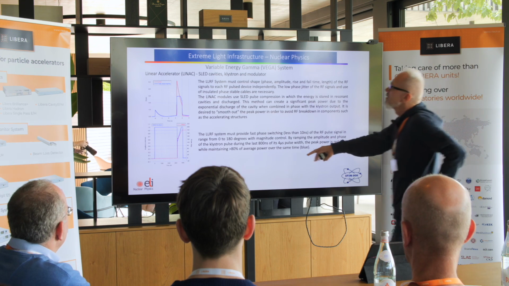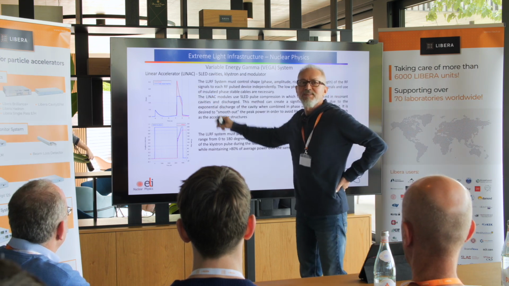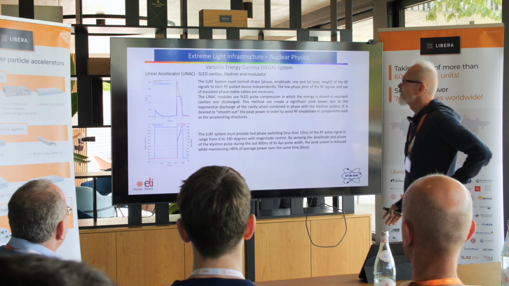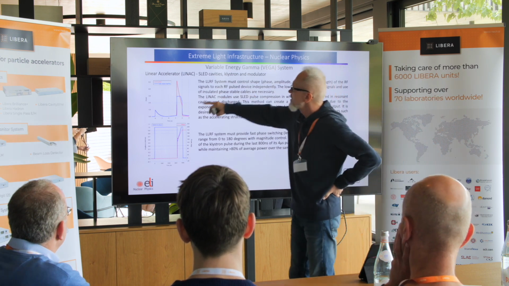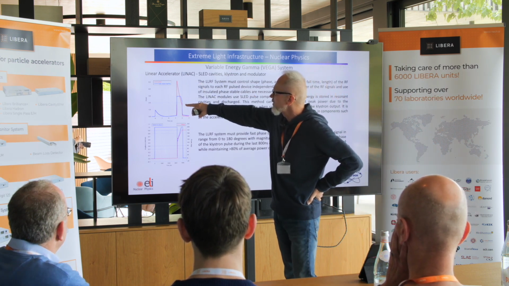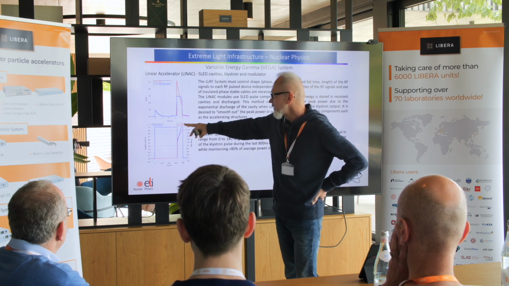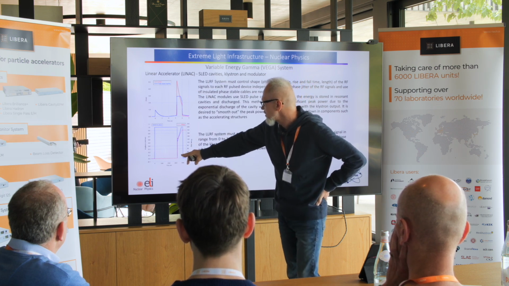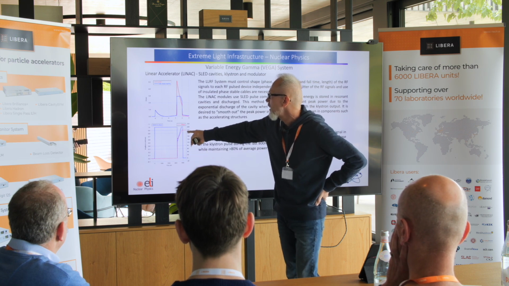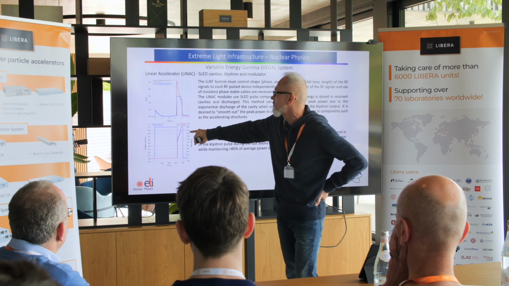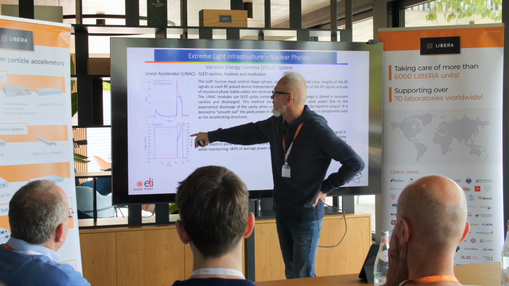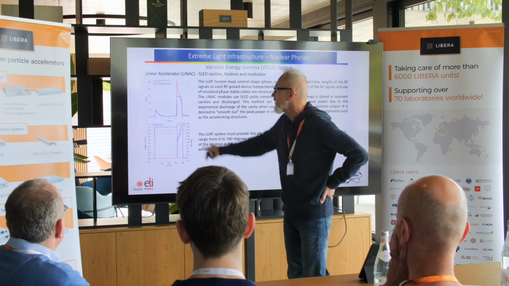Here is something similar which I've seen, where we wanted to do the same thing. This is the peak which will be generated by the SLED, and we want to flatten it, and we have to change in a very short time the phase of the RF pulse from the klystron by 180 degrees.